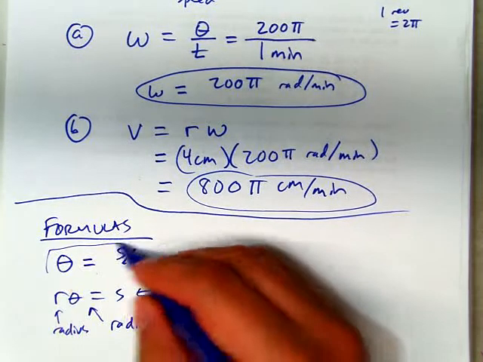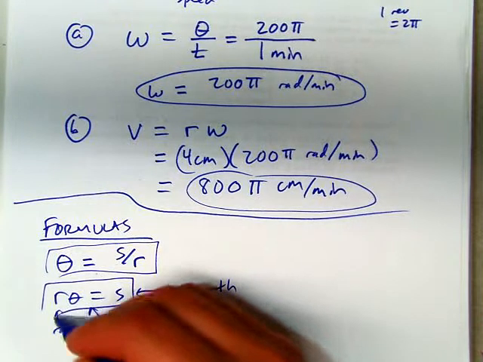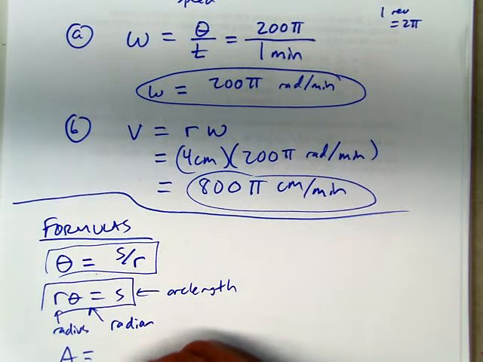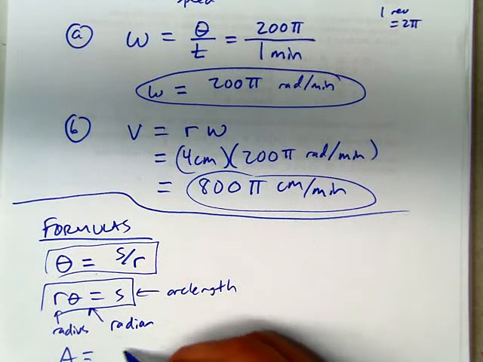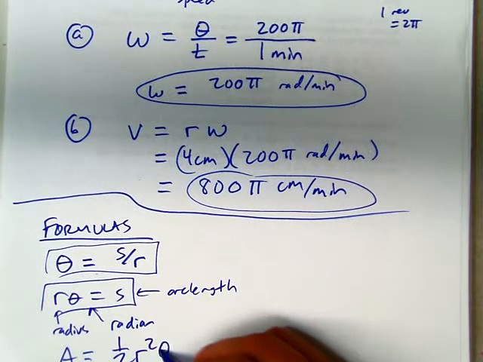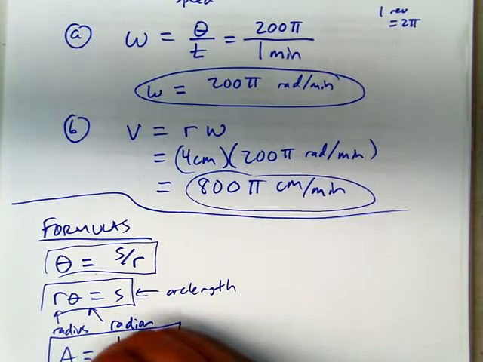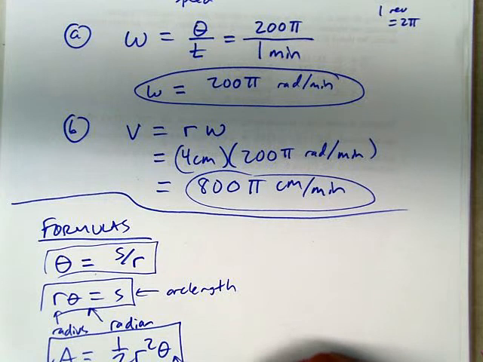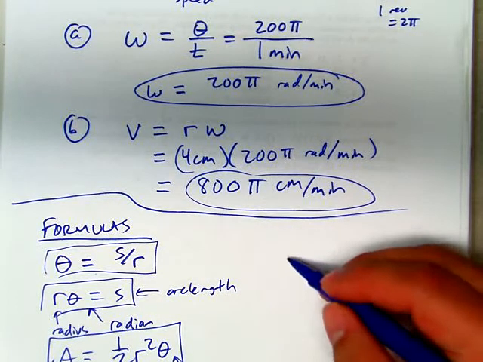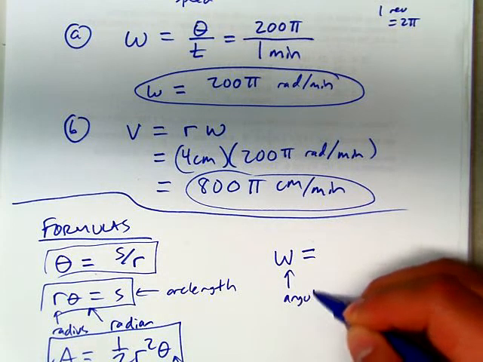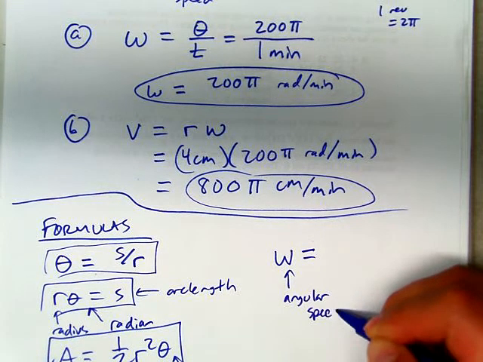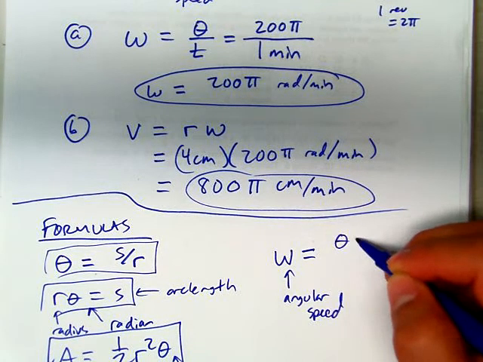In addition, we also talked about sector area. Sector area was 1/2 r squared theta. So there's that. And again, this needs to be a radian angle. If it's in degrees, you have to convert it. And then we'll also write down the two that we just finished with. Angular speed is simply theta over time.